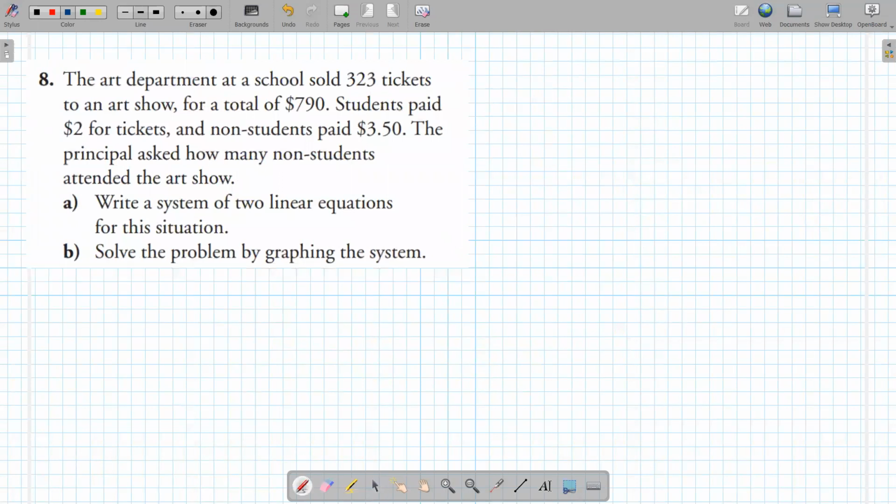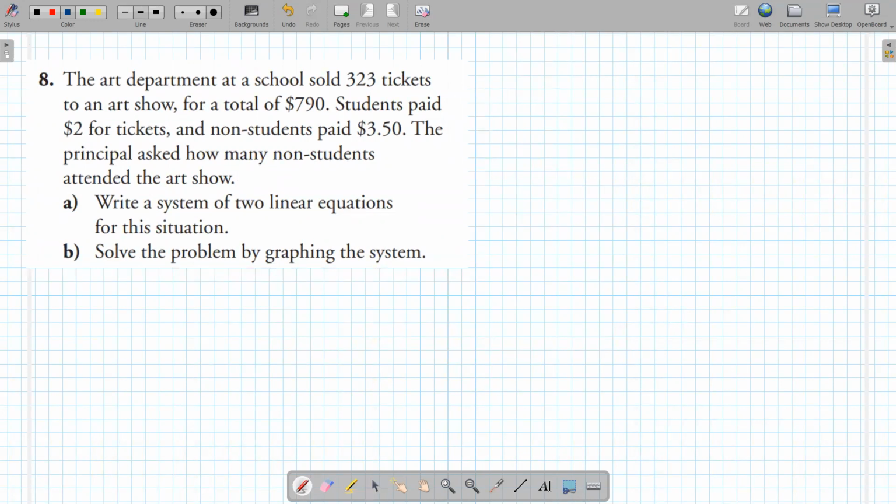All right. So there's 323 total tickets and they made $790. We have the price for students and non-students, and it's asking us to find how many students and non-students went to this show.